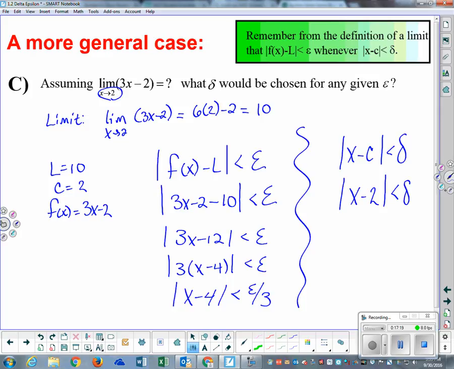Did I goof up somewhere? Ha! Way back, didn't I? Where did I come up with 6 here, people? 3 minus 2 gives me 4. 4 goes in here, and 4, that gives me negative 6.